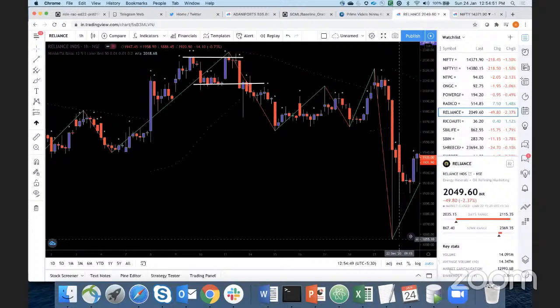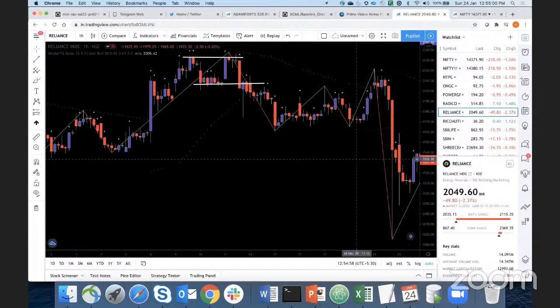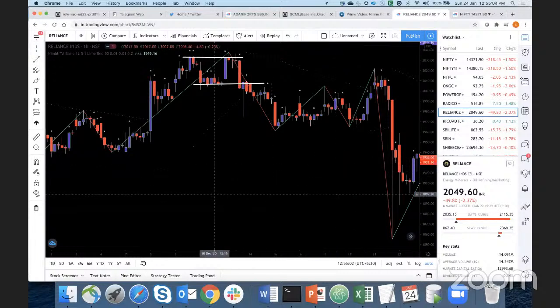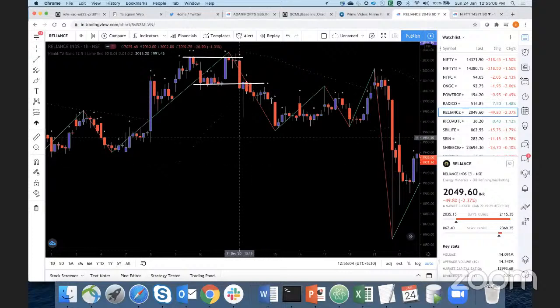Any questions on this Reliance trade? Seems quite clear. I have one question. Have you entered on the retest or once the strength candle has formed, that means once it has crossed?